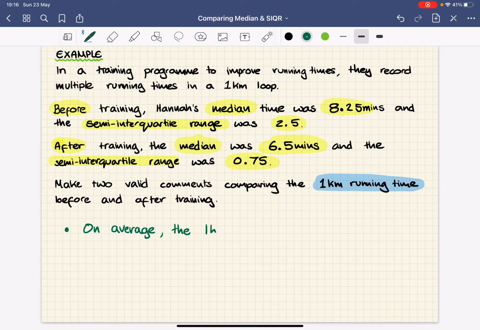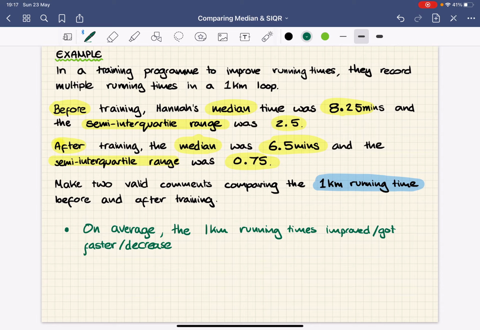the 1 kilometer running time improved or got faster or decreased, one of those where you make some sort of comparison, say what occurred.